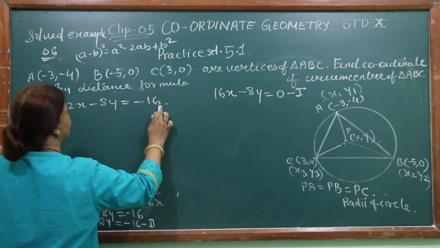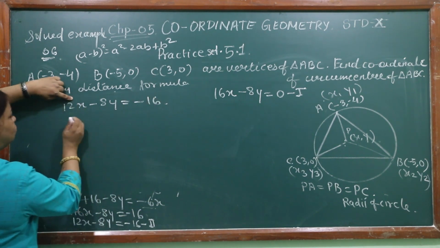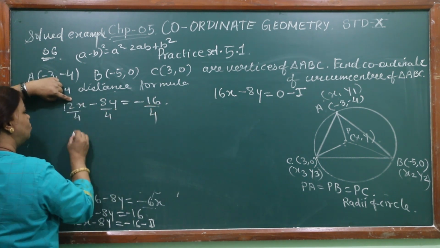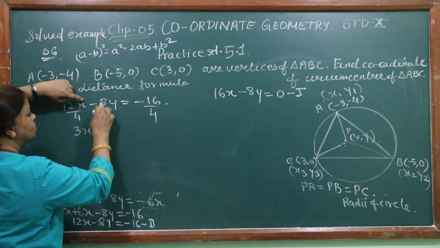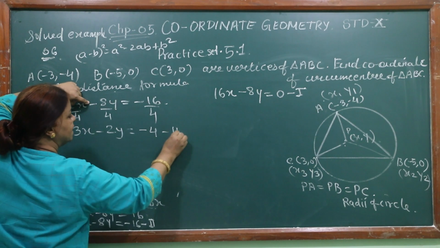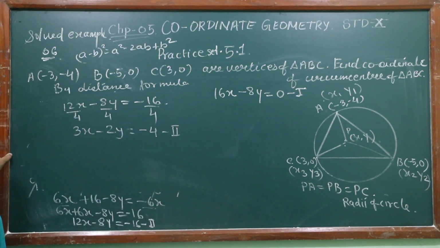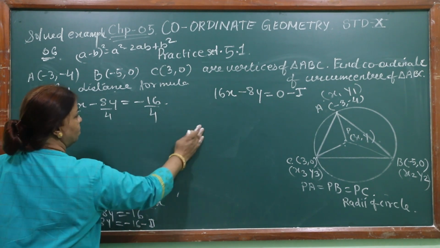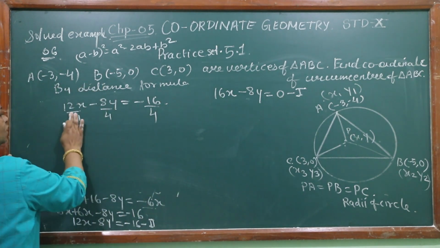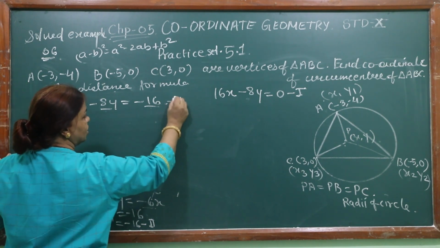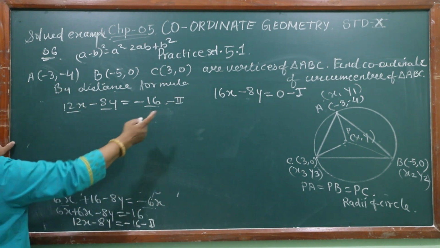I can divide this equation by 4. 4 3s are 12, so 3x minus 4 2s are 8, 2y, 4 4s are 16. So this is my second equation. Or I don't need to cancel also by 4 because here I am having 8y. Don't need to do it. Directly we can solve these two equations, simultaneous equations. Now first and second.